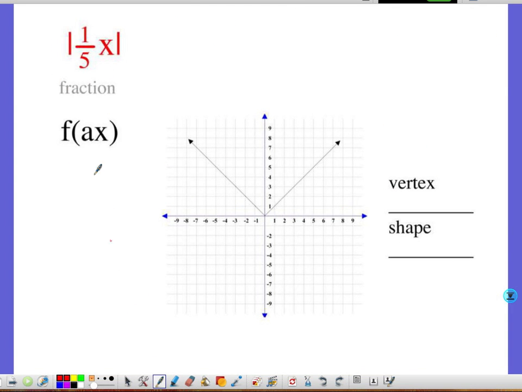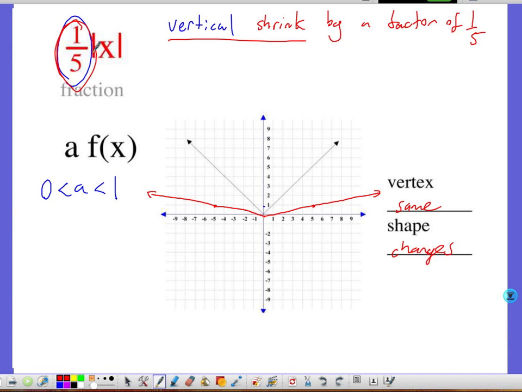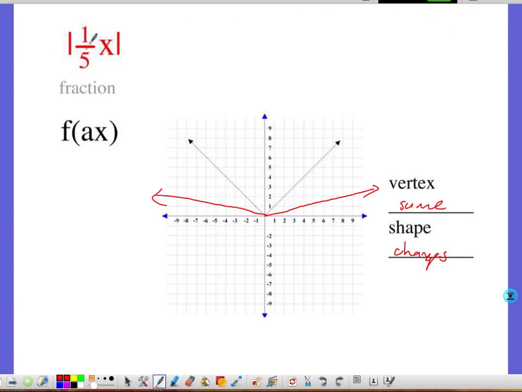Now again, my slope here is 1/5, so I'm just going to have the same graph that I just did, which looks like this. The vertex stays the same, the shape changes. And because this number is on the inside with the absolute value, compared to this one, we're not going to be calling it vertical. It's going to be a horizontal.